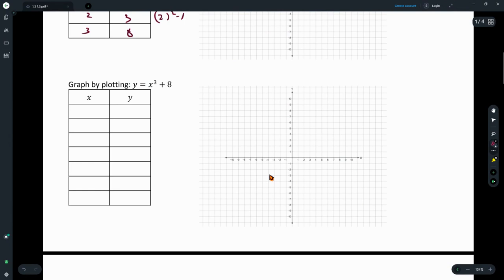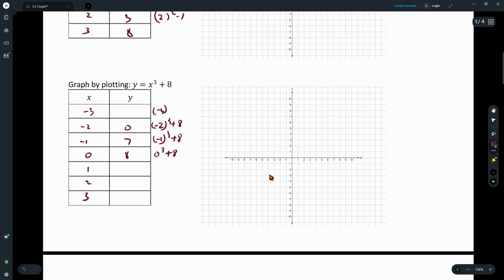This is the third order. This is cubic. Okay, let's see what it looks like. So you go in 0 for x, -1, -2, -3, 1, 2, 3. All right, so 0 cubed plus 8 is 8. -1 cubed plus 8 is 7. -2 cubed plus 8 is 0.